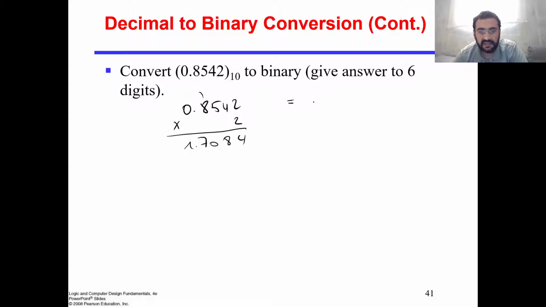So I'll write the result here. So we need to write 0 point, and then we report the first one here. Then we continue the multiplication. We have 8, 16, 1, 14. So we are left with 0. So 0 multiplied by 2 is 0, plus 1. This is 1 point. So we take this one and we report it here, and we continue.